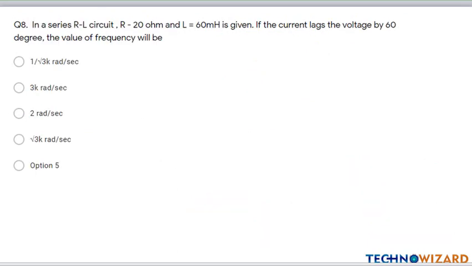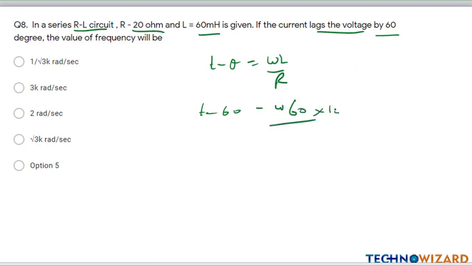Next. In a series RL circuit, R is equal to 20, L is equal to 60 millihenry, and the current lags the voltage by 60 degrees. Now we know that tan theta is equal to omega L upon R. Theta is given as 60, so tan 60 is equal to omega L, where L is 60 millihenry, that is 10 to the power minus 3, upon R, which is 20.